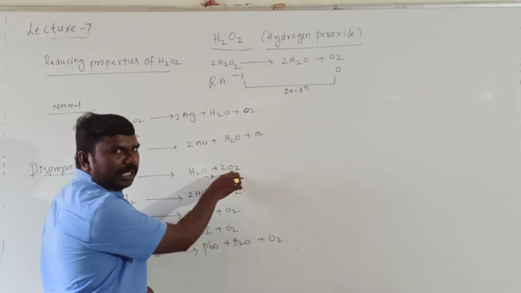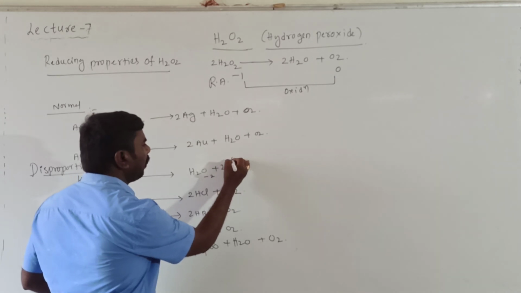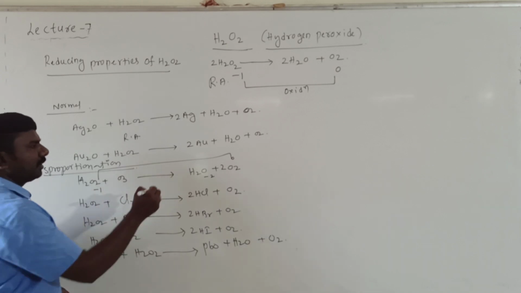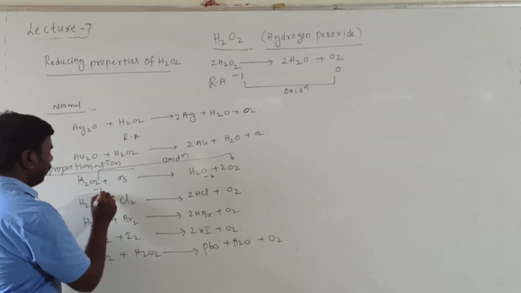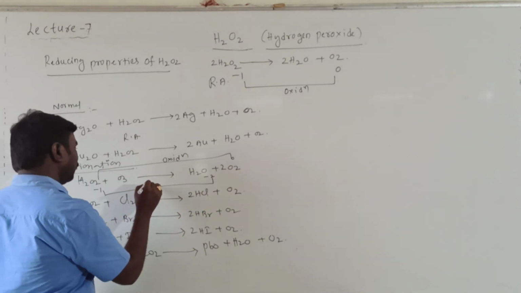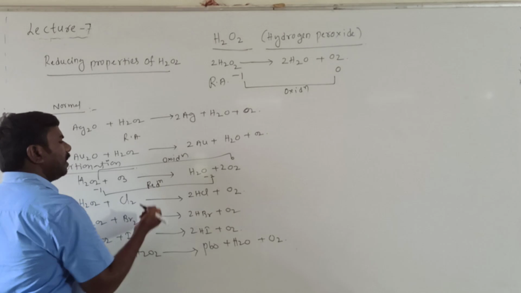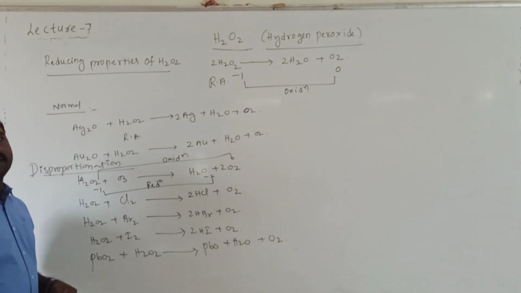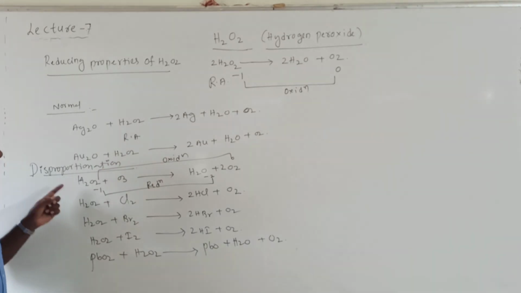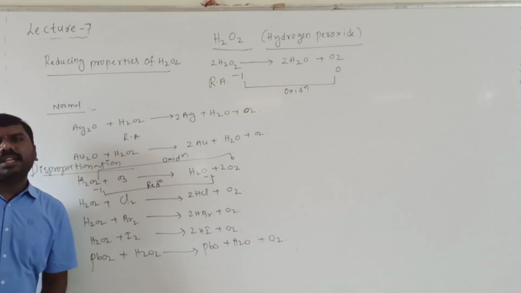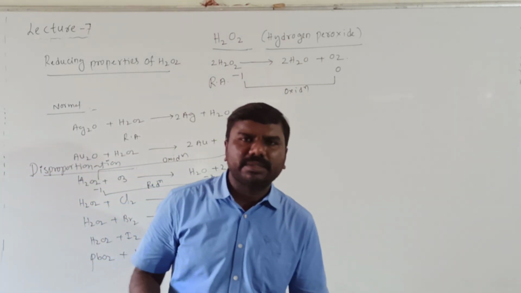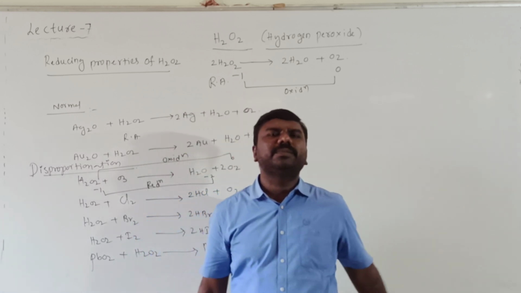In the O2 molecule, elemental form, 0 is the oxidation state. -1 to 0, increase in oxidation state, oxidation. -1 to -2, decrease in oxidation state, what is this? Reduction. It means the reaction in which both oxidation and reduction are present is called a disproportionation reaction, nothing but a redox reaction.